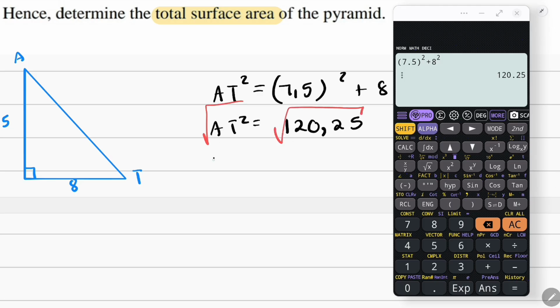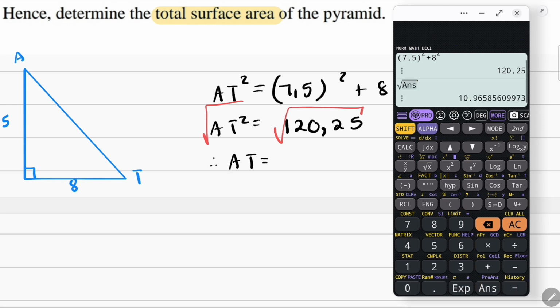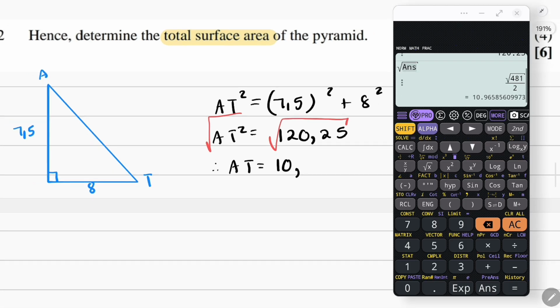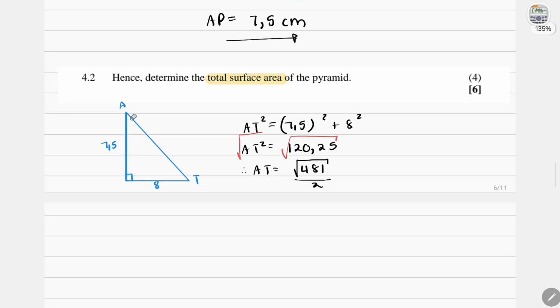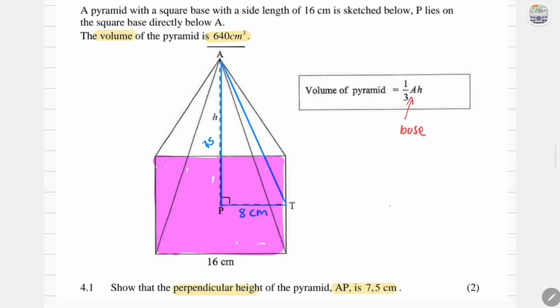You don't have to consider any negatives because we're working with lengths. So finally, the square root of this answer is 10.96. I don't think I should round off yet because we're not done. So I'll just leave it like this. Square root 481 all over 2. Okay, that is the height. That is the slanted height. That is AT. And now we can finally find this.